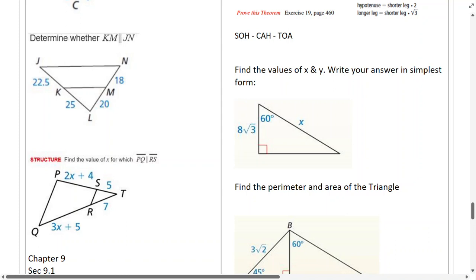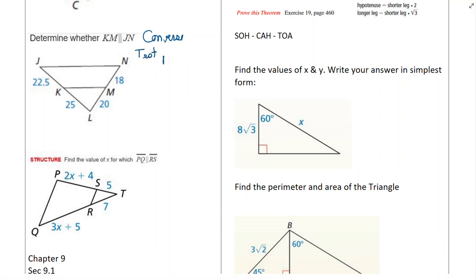All right. Now we're going on the converse to prove that they are parallel. And this is to test proportionality. To test this proportionality, we structure the pieces like we did before to find the missing value. We're going backwards. 22 and 5/10 over 25 has to be the same as 18 over 20.